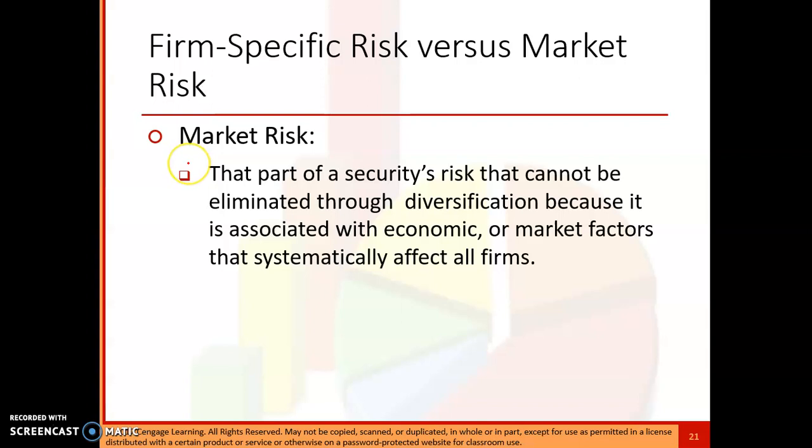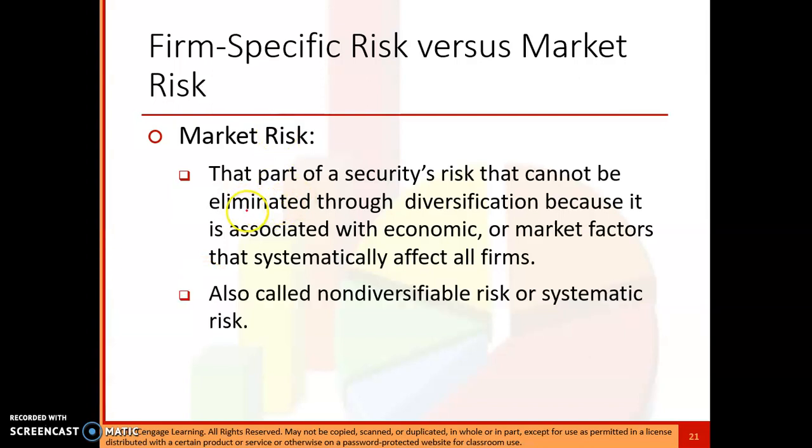That could be, for example, investing in foreign companies, foreign stocks, and so forth, but also investing outside of the market. For example, investing in real estate might provide some diversification away from market risk. That's also called non-diversifiable or systematic risk, and systematic risk is the most widely used term here.